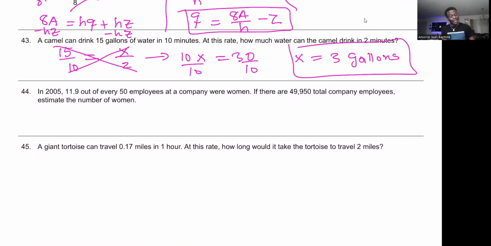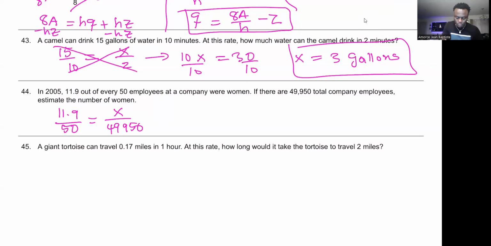Well, same thing. 11.9 women out of 50 is X number of women for 49,950, right? And then we cross multiply.